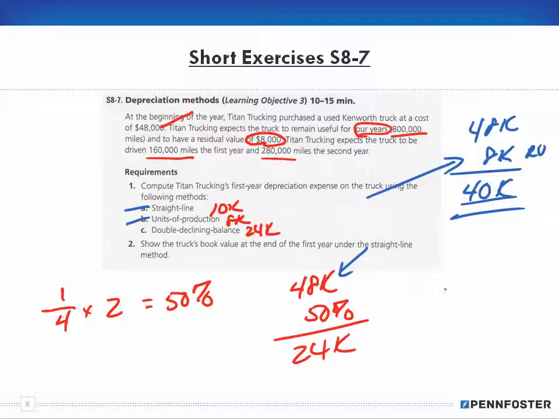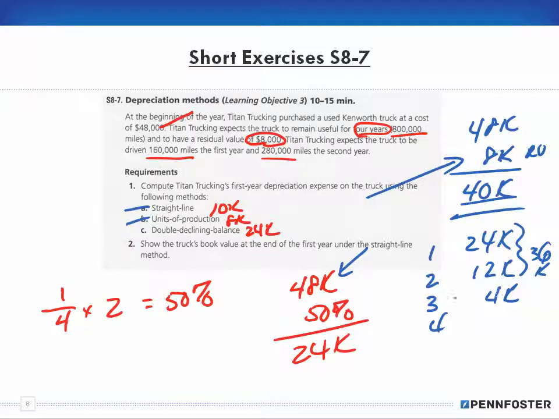The reason why is because we're using the double declining balance, and we're going to depreciate the full amount, but as we depreciate for each and every year, let's say this is 24,000, and let's say this is 12,000, so that's 36,000. I'm just making up the amounts here. Now in the third year, we're only going to depreciate 4,000 more to get to the 40,000 to have the $8,000 residual value, because we're looking at wherever that limit is in whichever year it applies to.